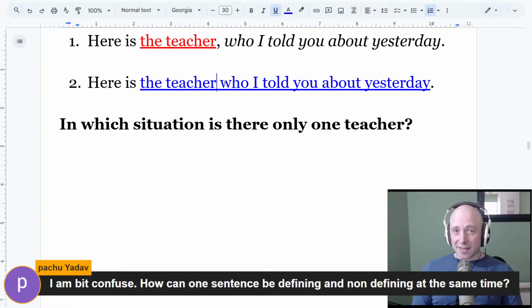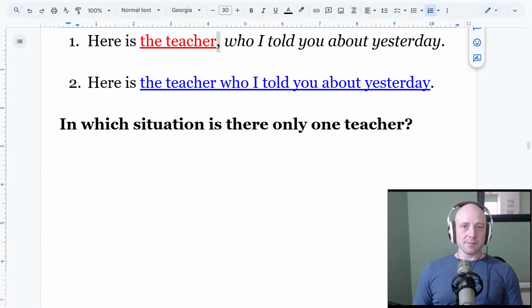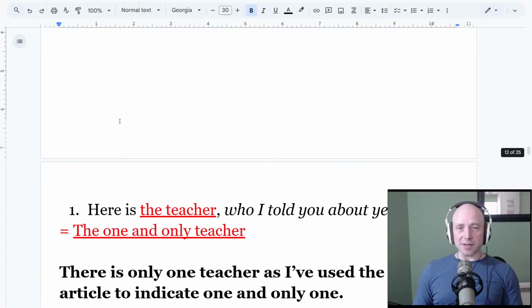And the point of this is to show you that just this single comma can change the meaning completely. By using a defining or non-defining relative clause, it can completely change the meaning in forming these 2 different sentences.